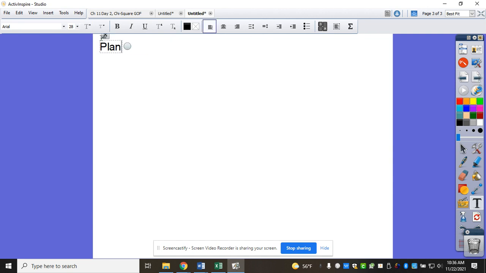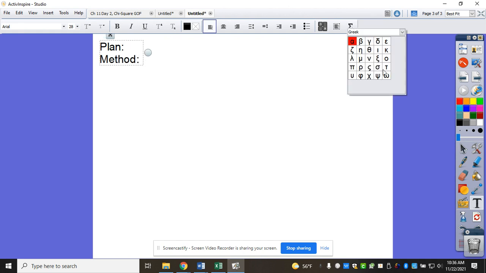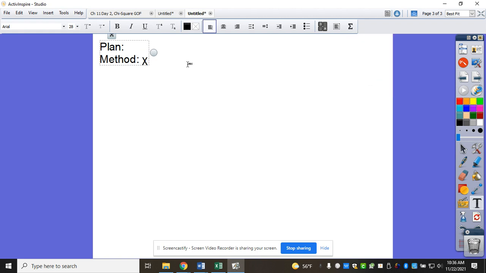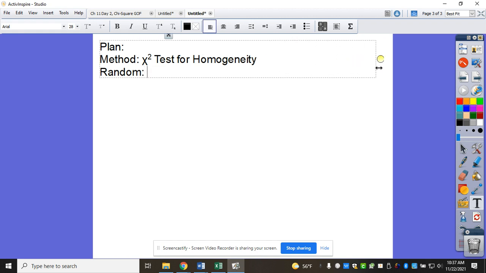All right, plan. What was our method? Some of these fonts don't really look much like a chi. That's supposed to be chi squared. What's my first condition? So remember, you have to explicitly reference both of them because there's more than one sample here.